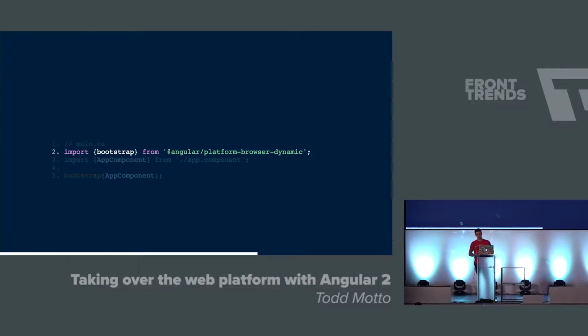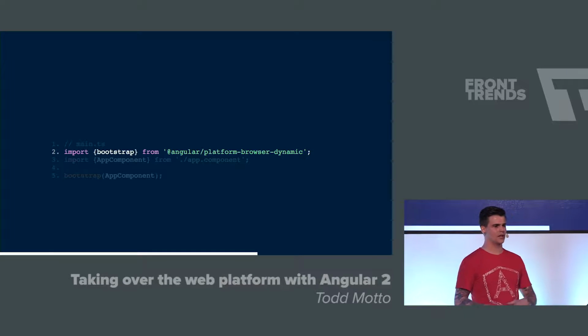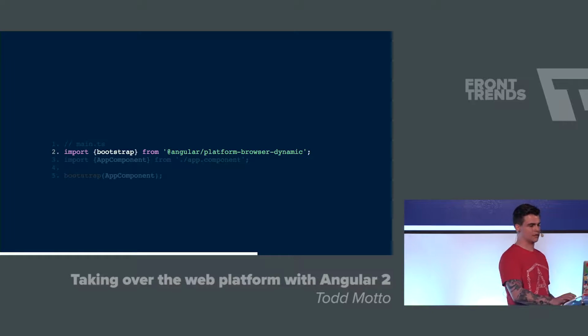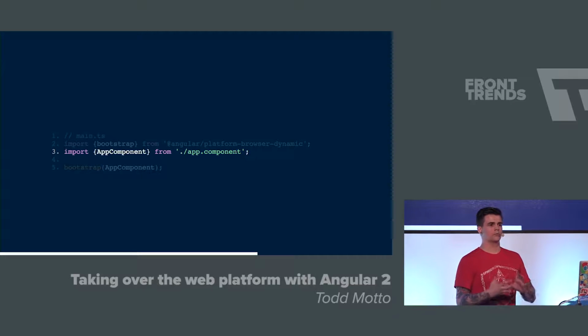So how do we do this? We import this thing called bootstrap. It's not Twitter Bootstrap, don't panic. From Angular, and then we look at platform-browser-dynamic. This is a package that allows us to bootstrap an Angular app in the browser, if you hadn't guessed. Then we import something called an app component, which could be like a root component.